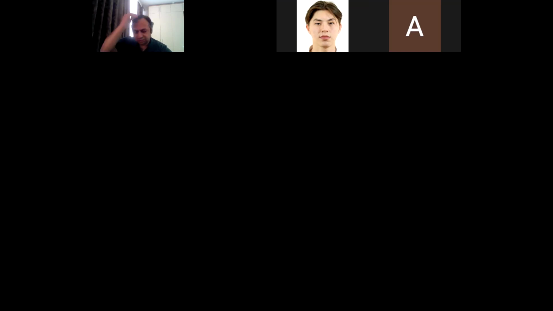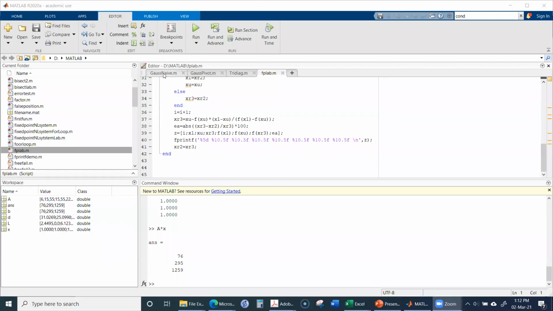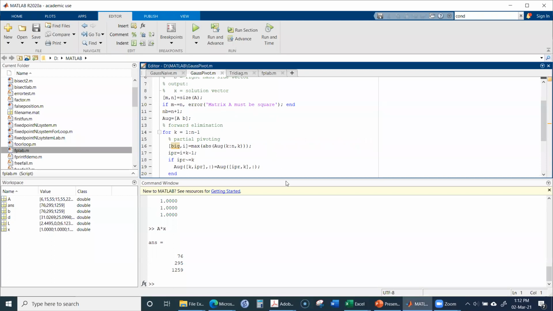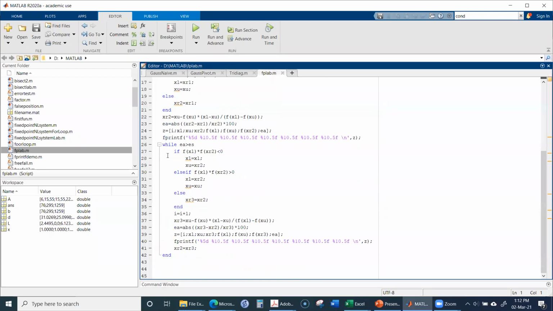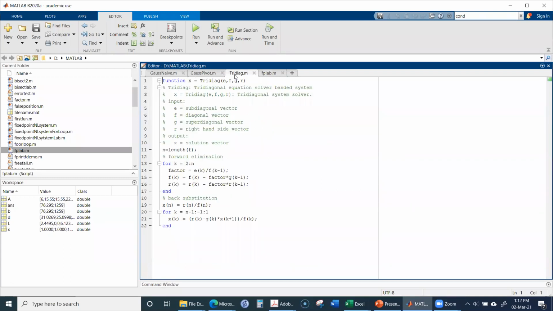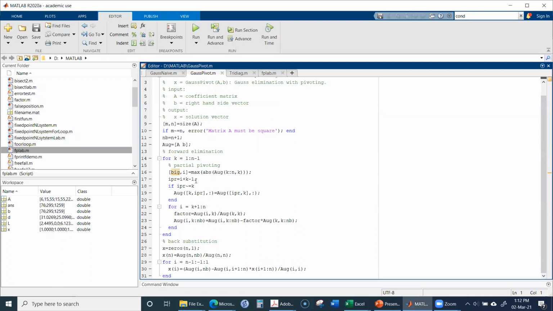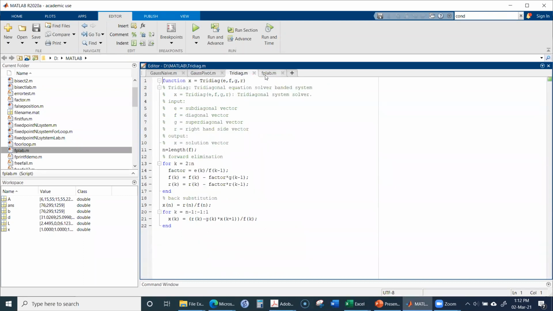Yes. The scripts I have shown to you, for example this Gauss Pivot script, use several loops. So at the end of the loop you have to put a command like fprintf to print your intermediate results. You have to figure out where to put this type of command.